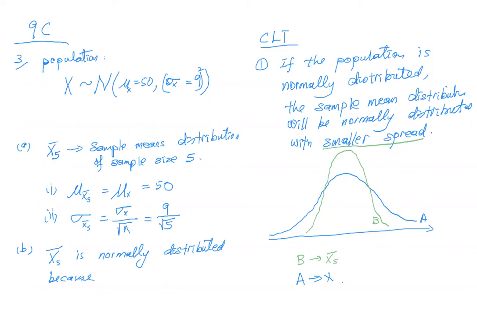Because the population X is normally distributed. If the population is normally distributed, regardless of whatever sample size, the sample mean distribution definitely is normally distributed. Do you get me? But with smaller spread.